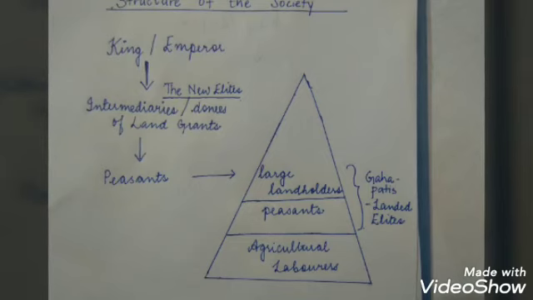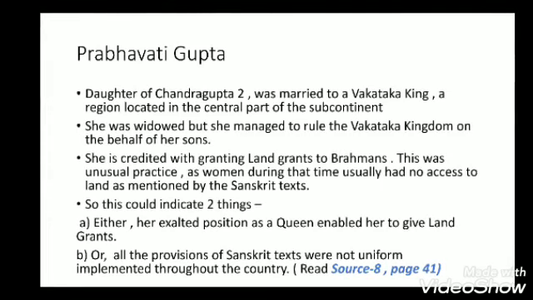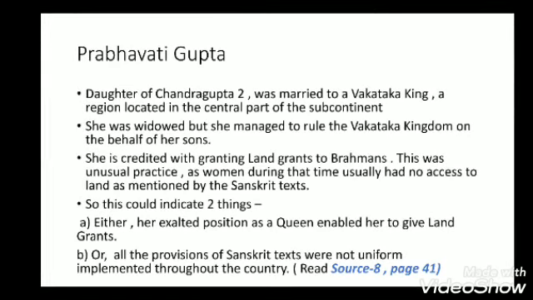One such important land grant evident in the inscription is that issued by Prabhavati Gupta. Now, who was Prabhavati Gupta and what is the story associated with it? Prabhavati Gupta was the daughter of a Gupta emperor known as Chandragupta II. She was married into a king of the Vakataka dynasty, which ruled in central India.